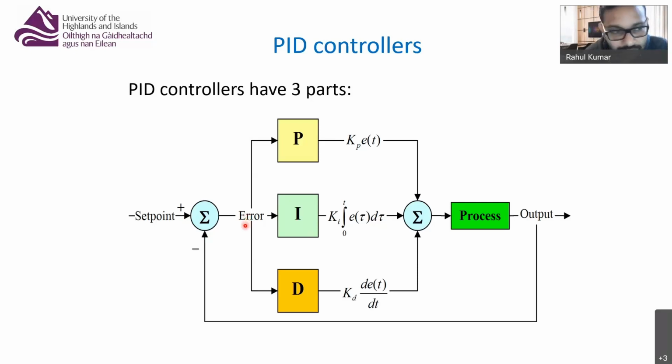Okay, this error is then sent to the three parts of your PID, that is your proportional controller, your integral controller and your differential controller. And the error is, let's say, E of t.